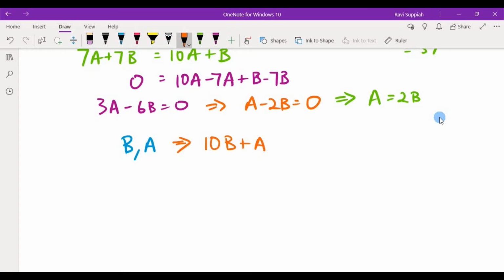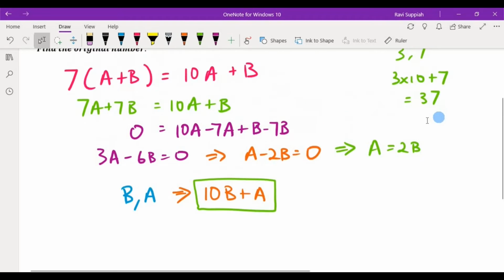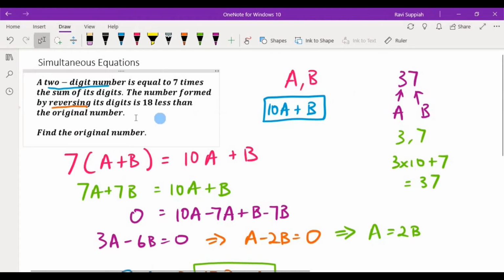This is the new number obtained by reversing the digits, and we are told it is 18 less than the original number.